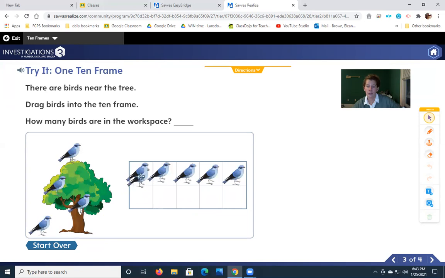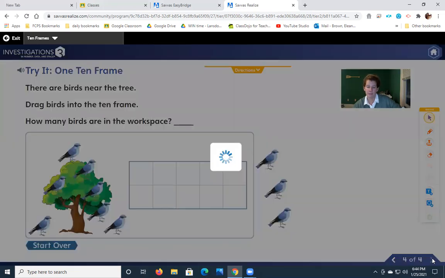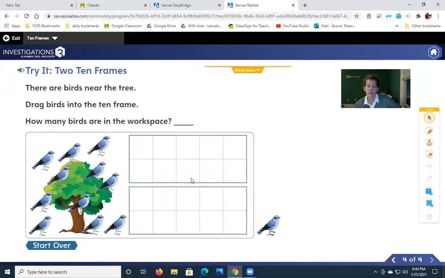It's just like you read. You go all the way from left to right, and then you swoop back over to the left. And you continue like that, and so on and so forth. Let me put them back. So this is just helping you remember where to put them on the 10 frame. And this is using 2 10 frames, the same thing.